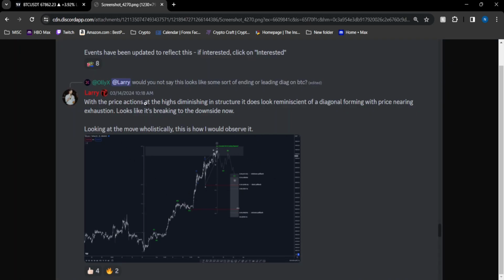With the price action of the highs diminishing, it was reminiscent of a diagonal forming with price nearing exhaustion. This is typical for a diagonal. This is what you see visually, and we observed it breaking to the downside. So we were looking for a push down for an A, a retrace for a B, and then a C extension. This is what we've been monitoring recently.